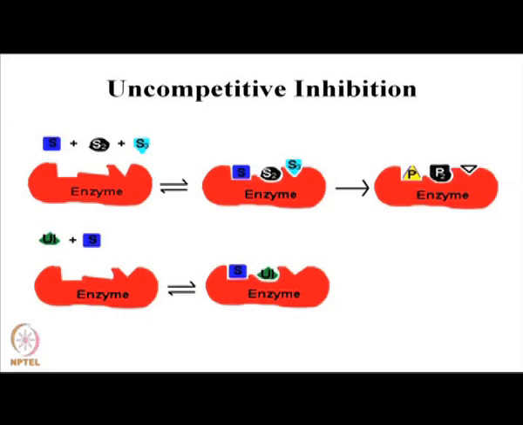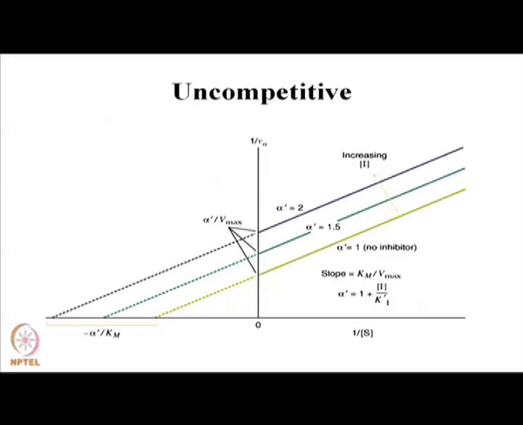Okay, this is uncompetitive. You see, for uncompetitive, this inhibitor increases, okay, and the corresponding plots, you see that this intercept on y axis is changing, okay, and also this intercept is changing. Okay.